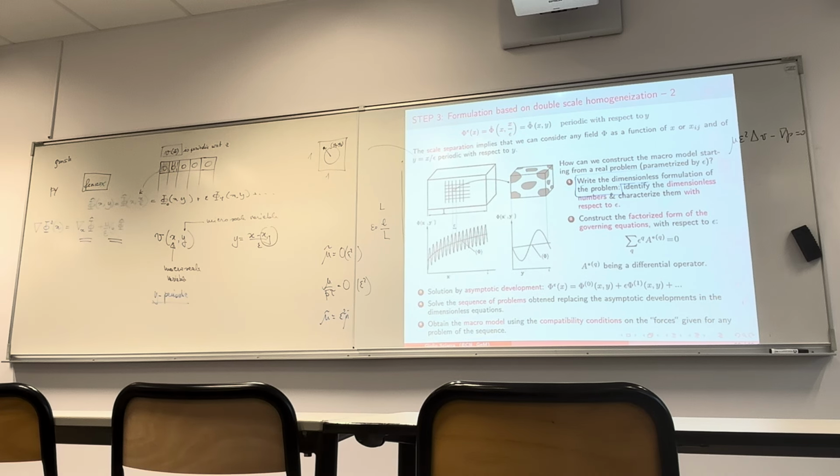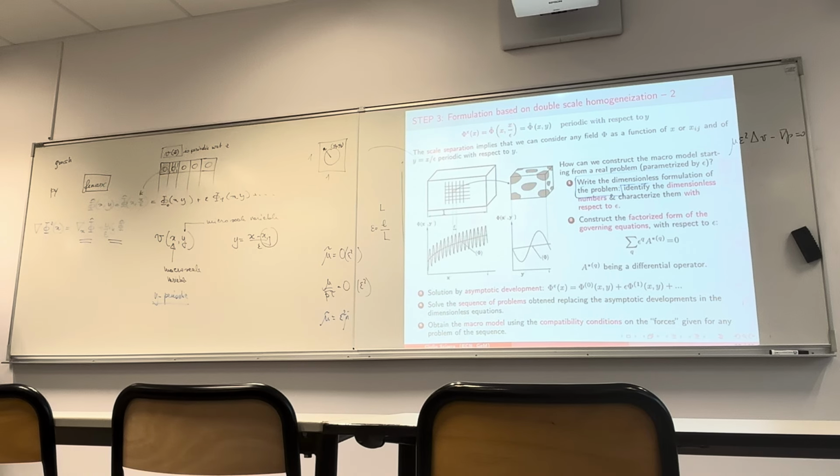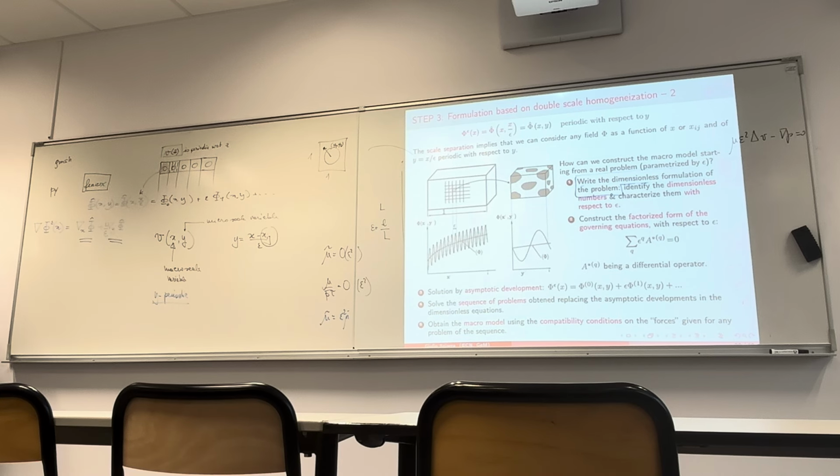So according to this, let's say, multi-effect that we can have, the final result will be a set of governing equations parameterized by epsilon. So we will get epsilon to the power k, which multiplies a differential operator. Epsilon to the power k minus 1, another differential operator, and so on.